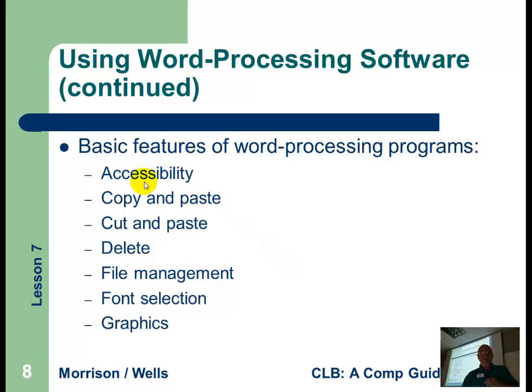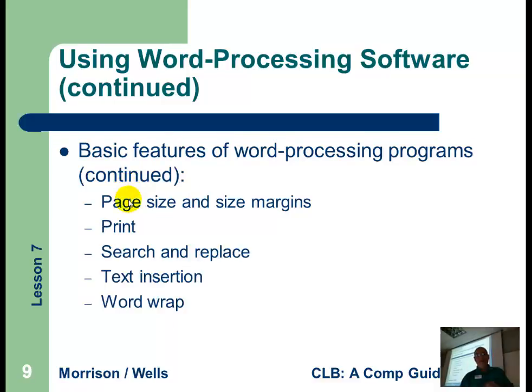So creating it, the accessibility, making it where people with vision or hearing problems can use the software, so making it accessible. Copy and paste, cut and paste, delete, file management, choosing font, graphics, setting your page size and margins, print, search and replace, text insertion, and word wrap.